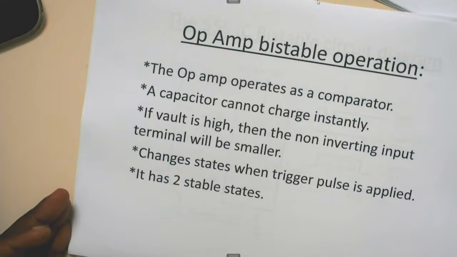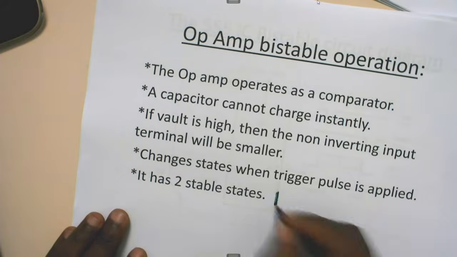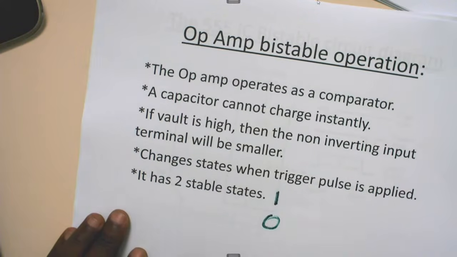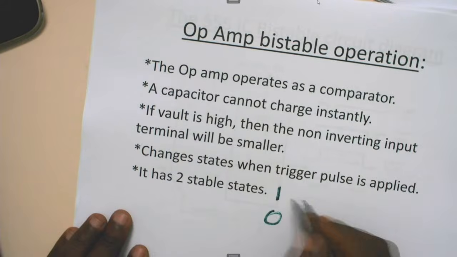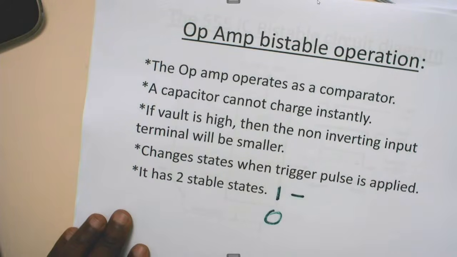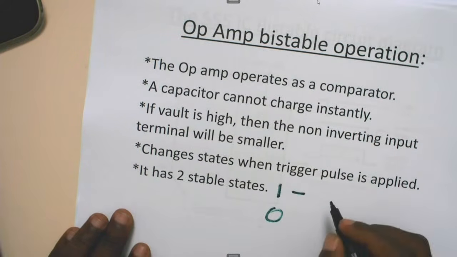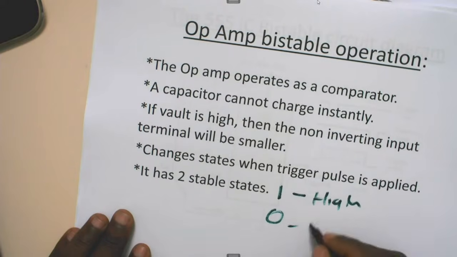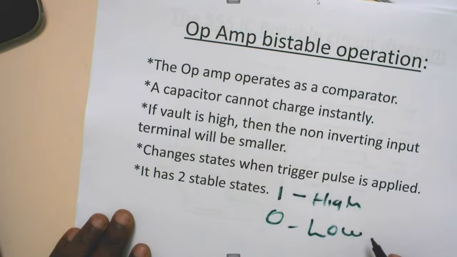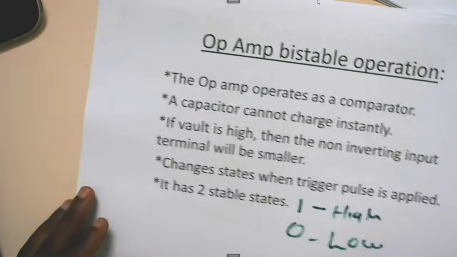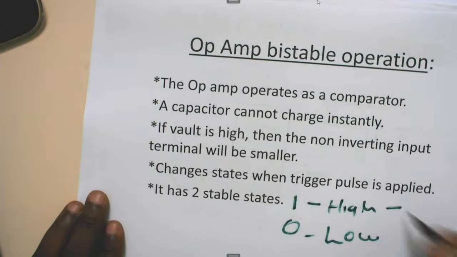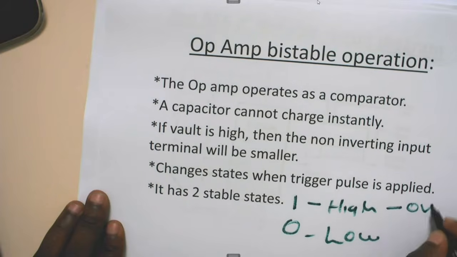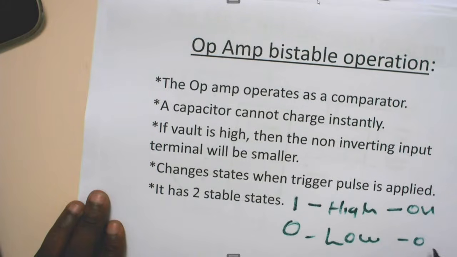It has 2 states, those 2 states being either high or low. Normally when we go back to our logic, we refer to 1 as high, then 0 as low. And also we can refer to this as being on and this one being off.